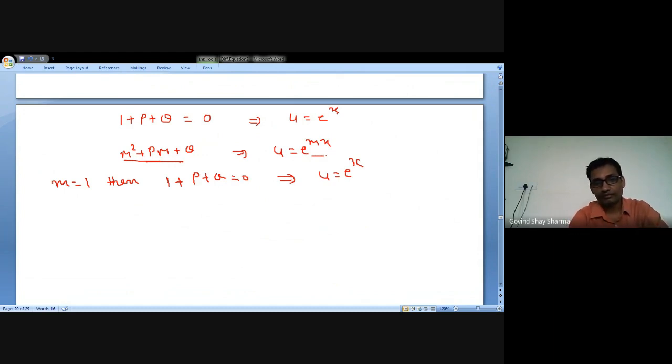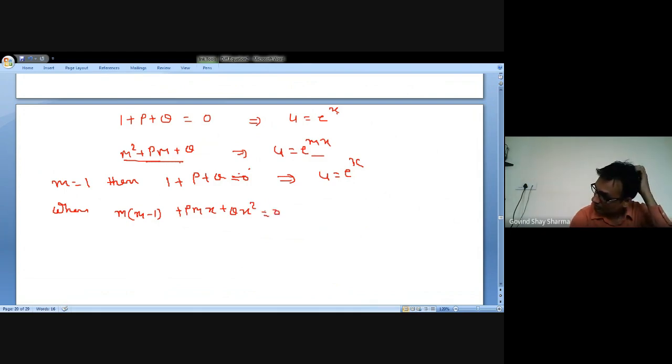Now again, the second rule: when m(m minus 1) plus pmx plus qx square is equal to 0, that means our solution is y equal to x to the power m.